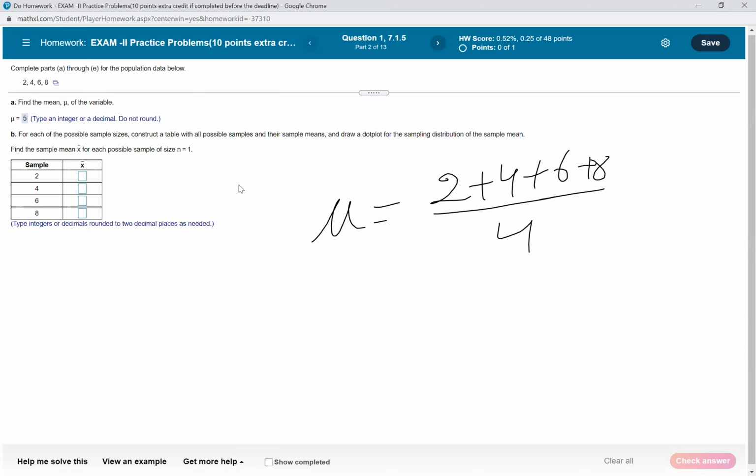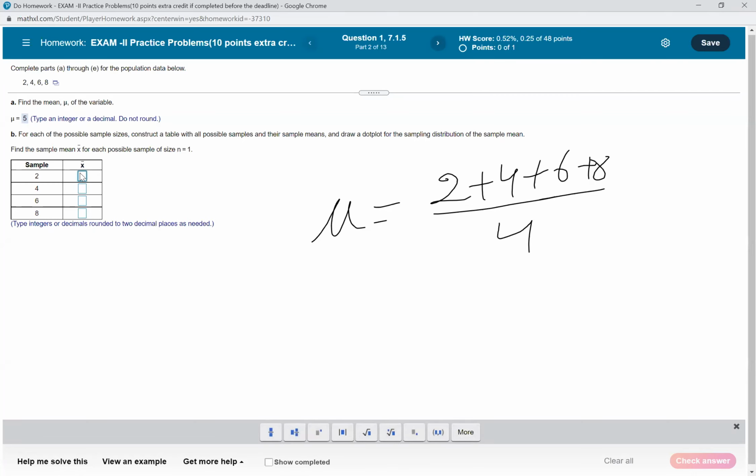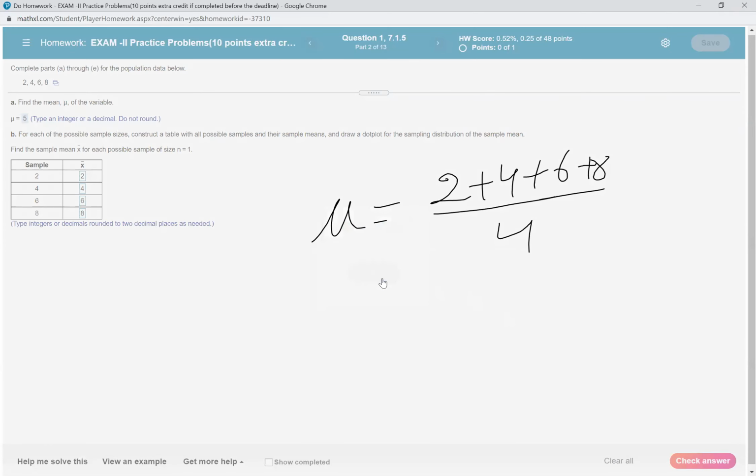That means you will just consider one number from 2, 4, 6, 8. The first sample is 2, so the average will be 2, right? And this is 4, so the average will be 4. So this number will be 6, and this number is 8.